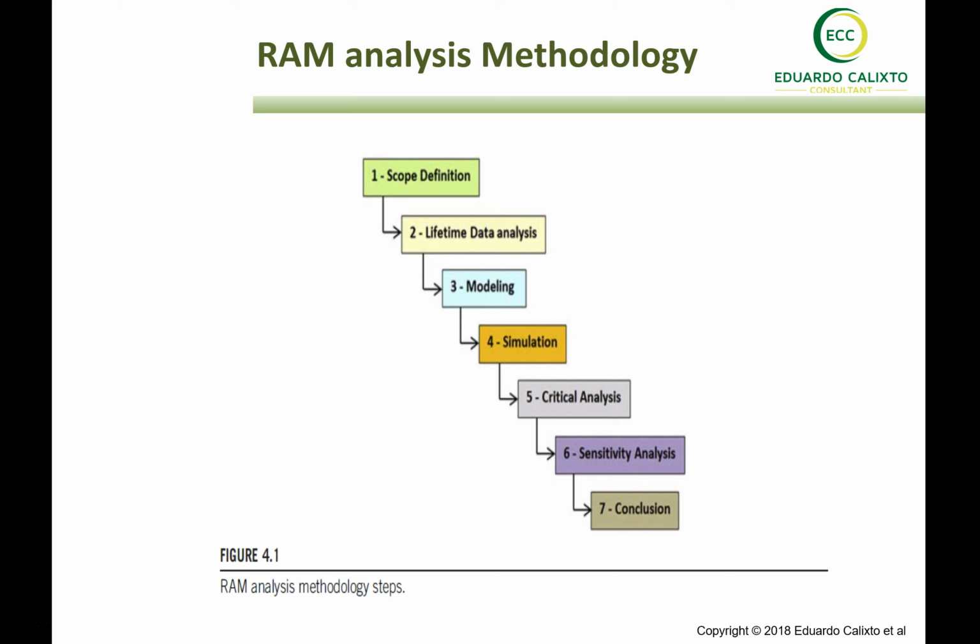But there are also some assessments that mostly are not under the scope of the RAM analysis, and such cases are carried out and tested in step 6, that is sensitivity analysis. In step 6, we test everything that is not under the scope but can also impact the system. And in some cases, we need to negotiate with project managers that we need to move forward in this RAM analysis to test some cases.